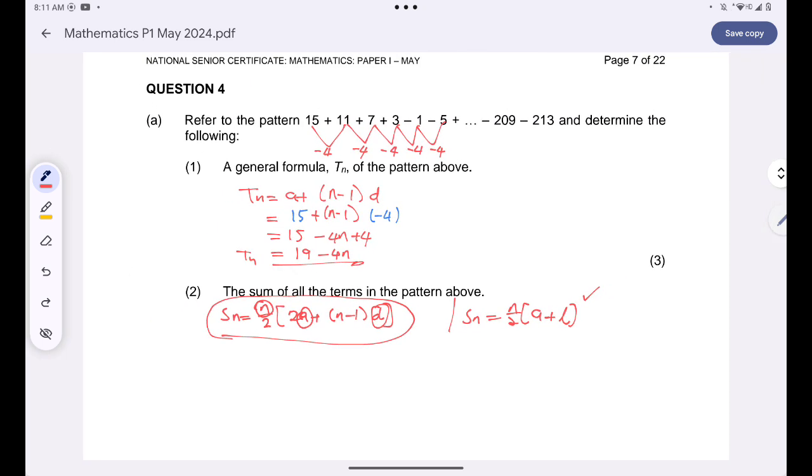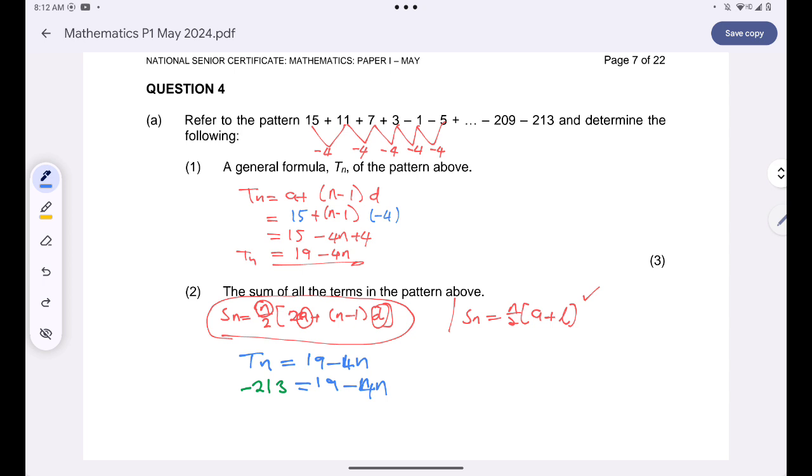So for me to find the number of terms, I'm going to use my general formula that says Tn is equal to 19 minus 4n. Whenever I see Tn, I will substitute the value of my last term. Are you together? Whenever I substitute the value of the last term in place of Tn, the n that I will get is the number of terms of the sequence.